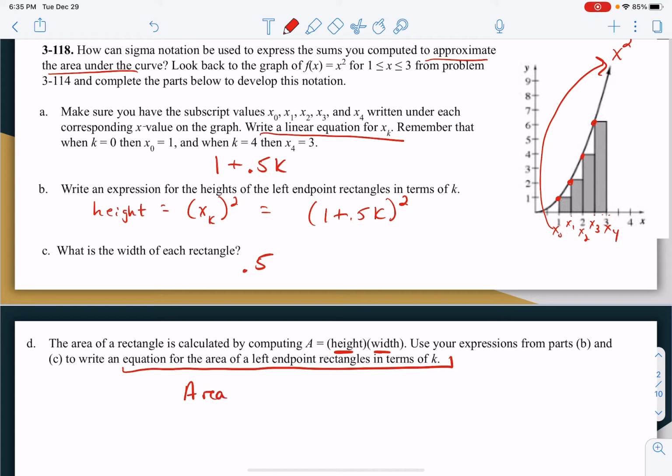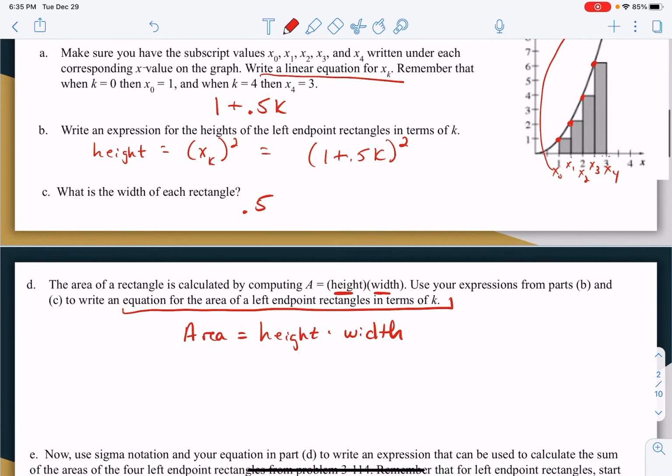So if the area is equal to the height times the width, the height of each rectangle is (1 plus 0.5k) squared, and the width of each rectangle is 0.5. So that's an equation to approximate the area of a left endpoint rectangle.